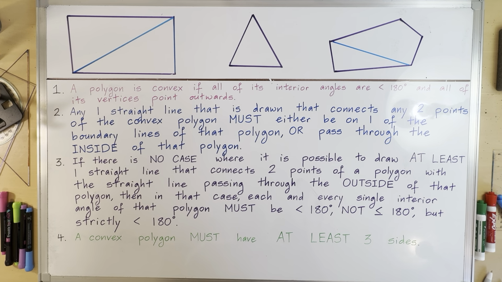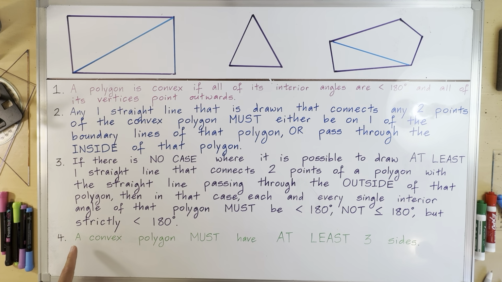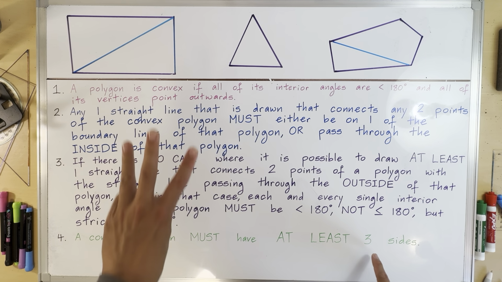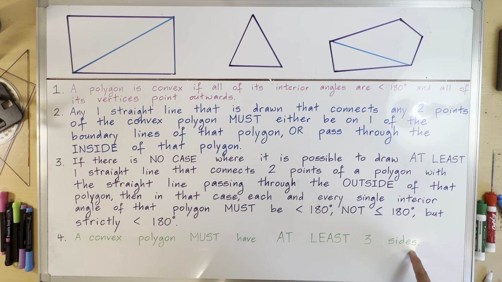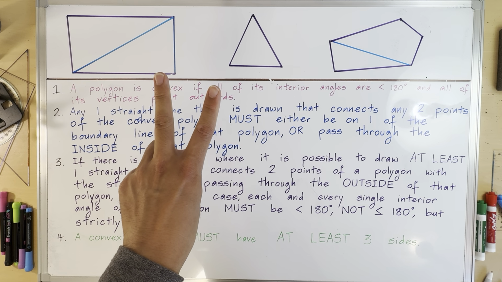And last but not least, statement number 4 states that a convex polygon must have at least 3 sides. That's right, because it is impossible to draw a polygon with only 2 straight lines.